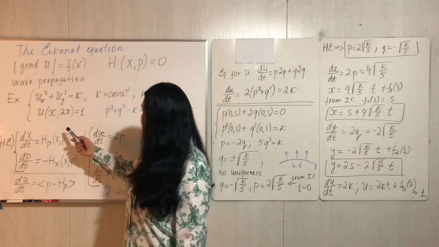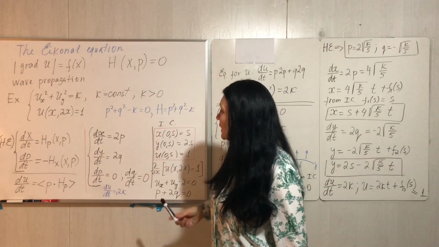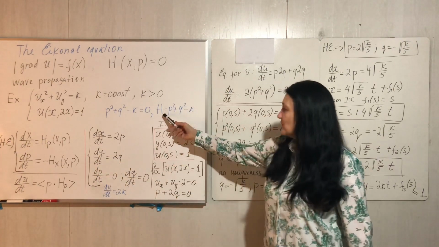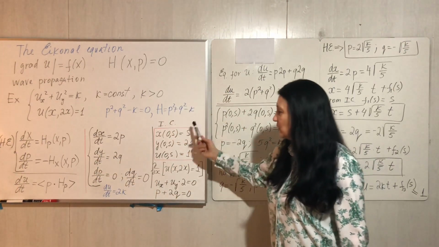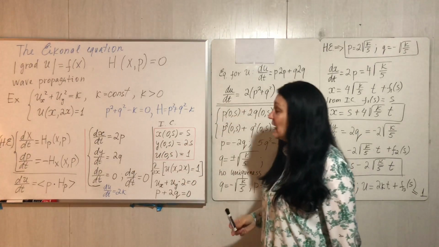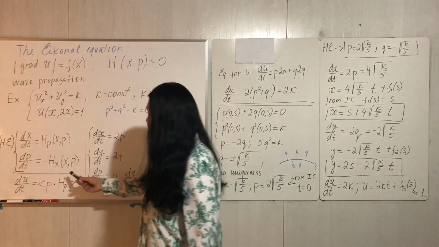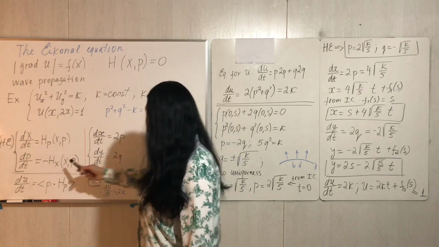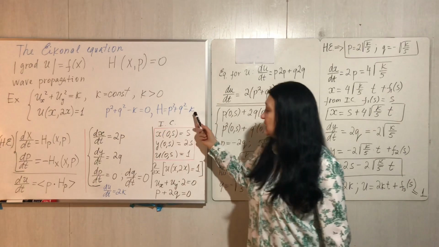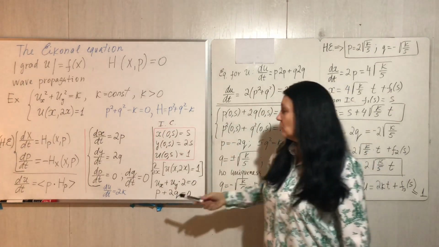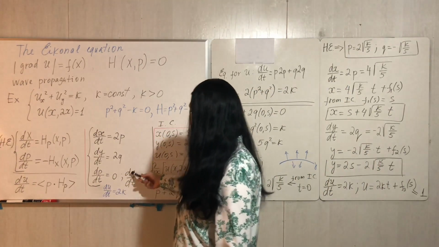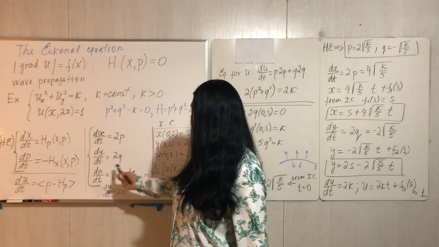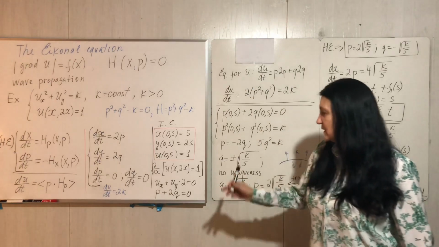And then the second variable, we call it y, so we write dy/dt equals, for the same reason, 2q. And for the equation for p, we have to write negative H differentiated with respect to x, but since we don't have x here, dp/dt would be 0 and dq/dt would be 0, right? The whole vector pq, when we differentiate, is 0.